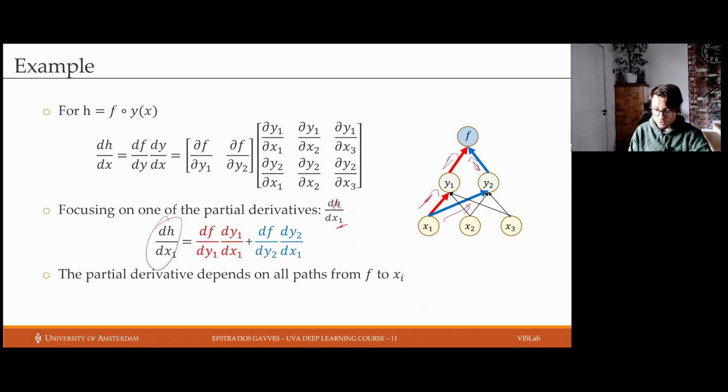So again, we have to compute all possible changes that happen to h from a single input variable x1. And by doing so, we can compute its partial derivative. And the same thing happens for x2, and you can also move to x3, x4 if there is x4, and so on and so forth.